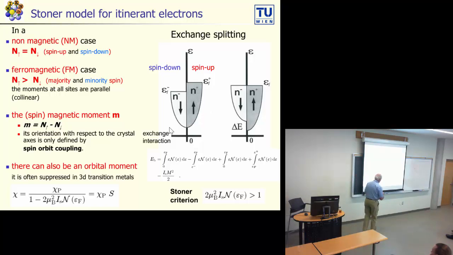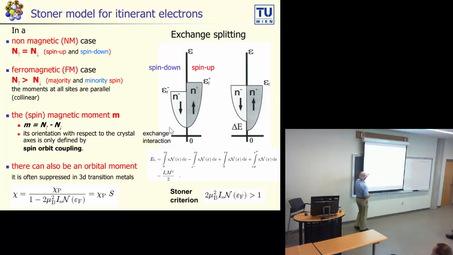Now let's assume that you have schematically a density of states like sketched here. There is the phenomenon of exchange splitting. So if you shift the spin up and spin down energies by a certain amount, delta E, indicated here, then you have more electrons of spin up and fewer with spin down, majority spin, minority spin.